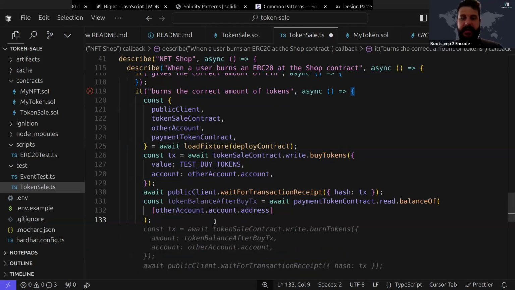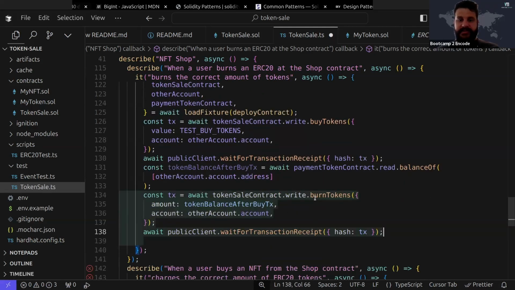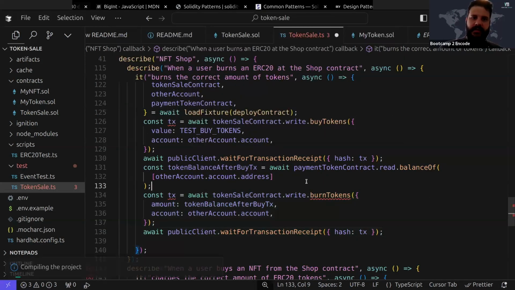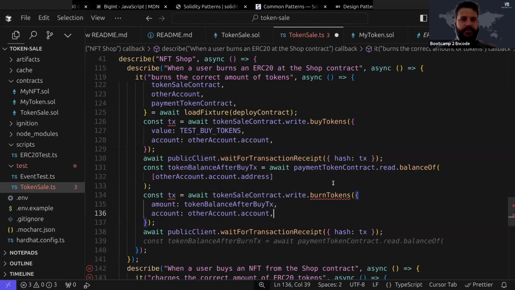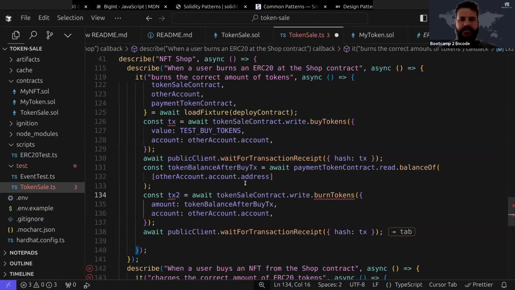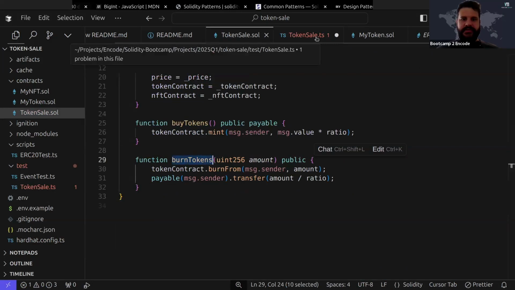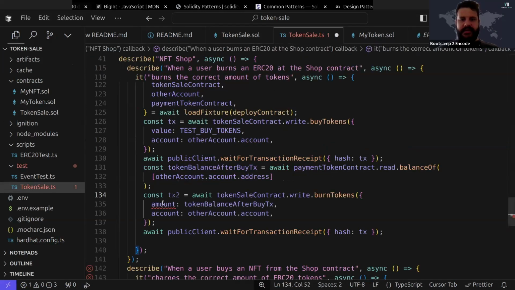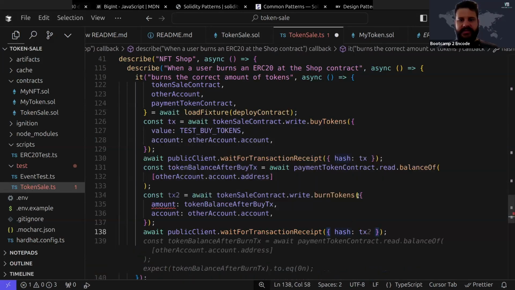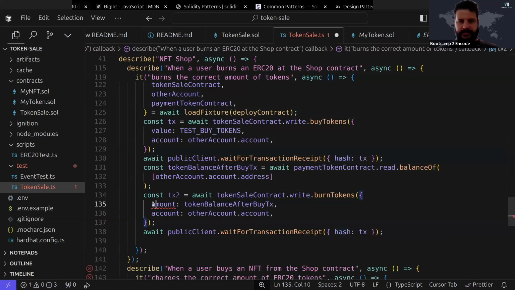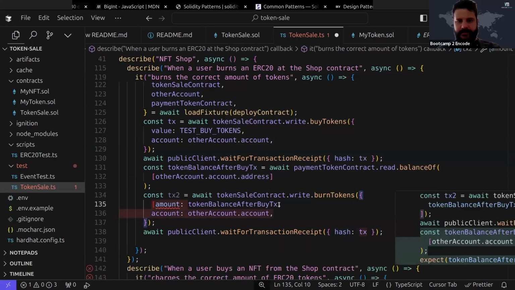And then I can try and burn tokens and have the transaction received. Let me compile my project first. But this is going to give me problems because I didn't approve how the contract is going to burn my tokens if I haven't approved it yet. burnTokens, burnTokens. The syntax here is incorrect. Sorry about that.